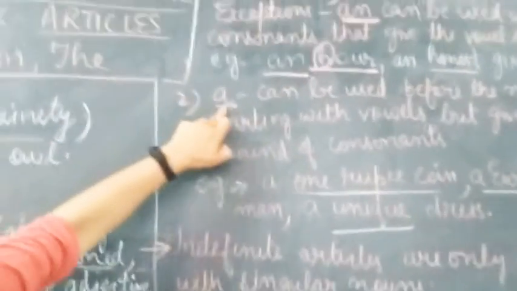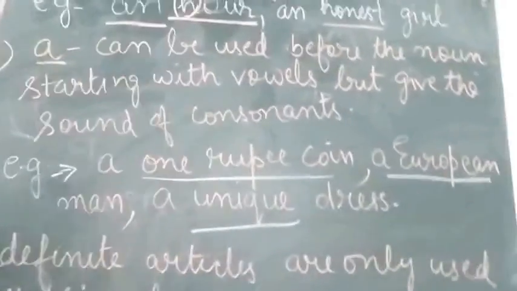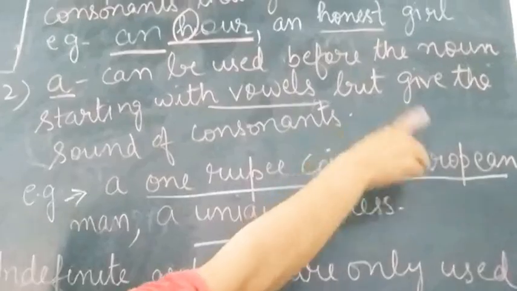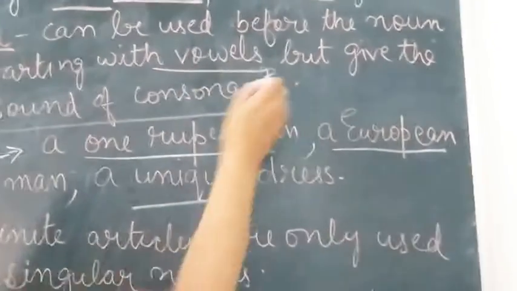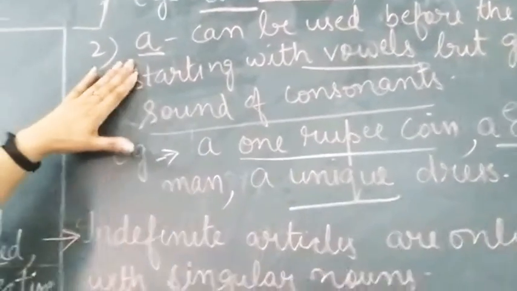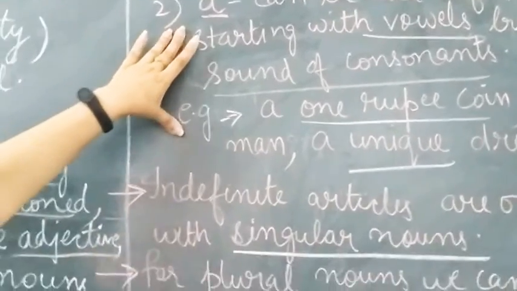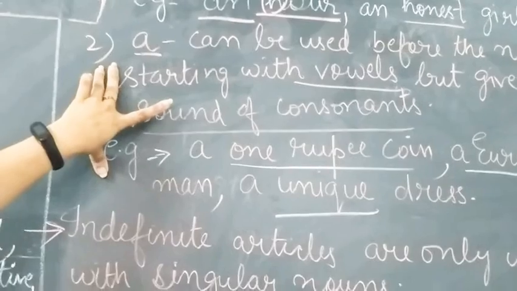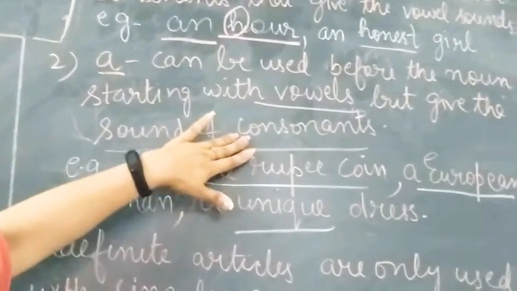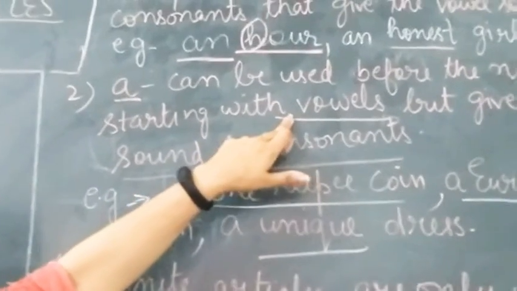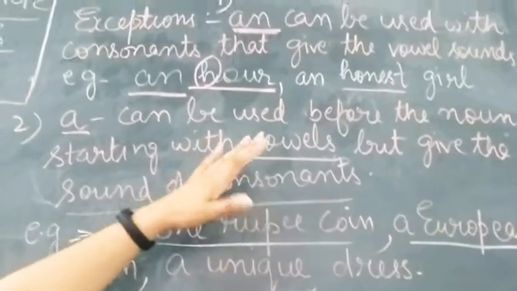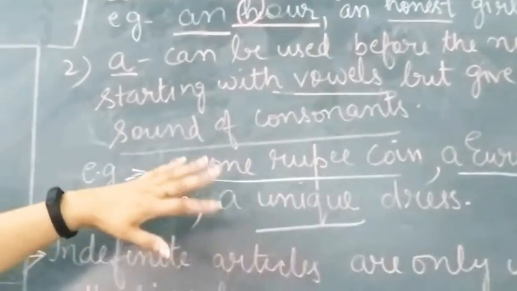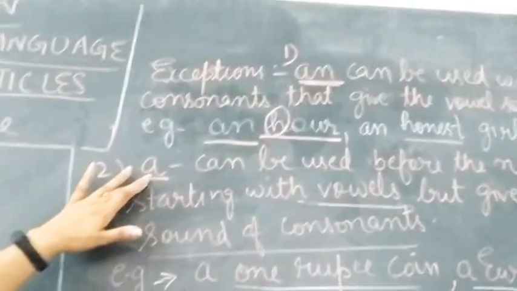Then A can be used before nouns starting with vowels but giving the sound of consonants. So we can use the article a before nouns which give us the sound of consonants, but which actually start with vowels. When vowels give us the sound of consonants, we can use a in front of them.